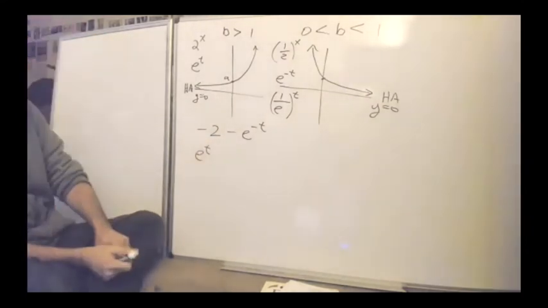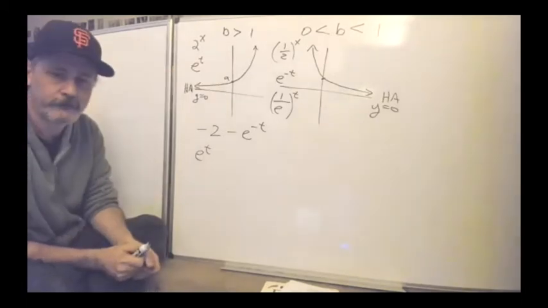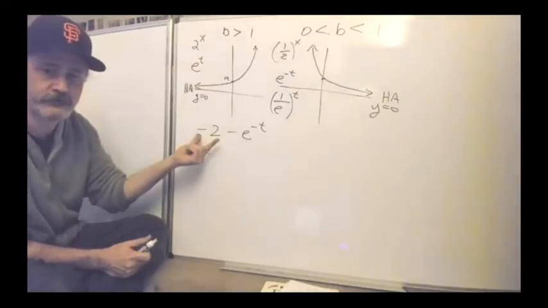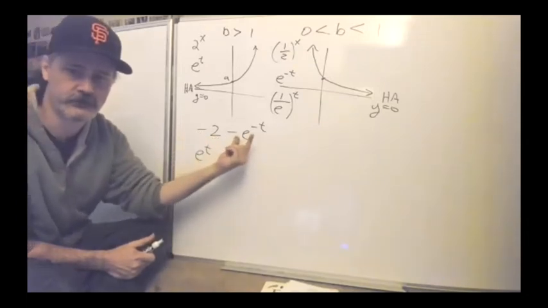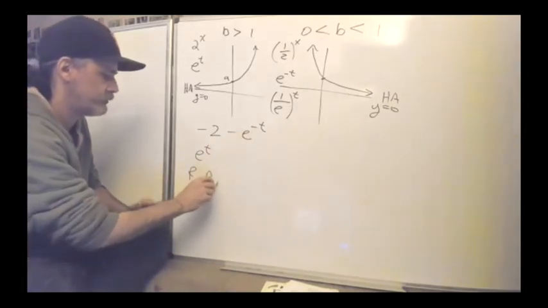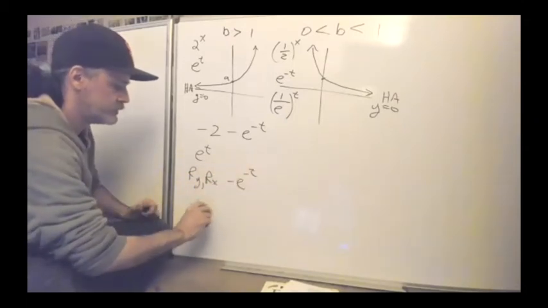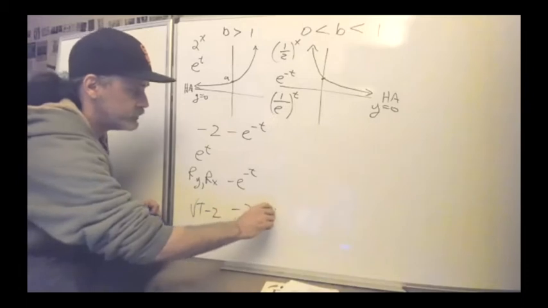That's the parent. So this would have been the original graph. Okay, and it looks like we're dropping down 2, so that's a vertical transformation. I'm going to save that for last, and it looks like we got a reflection across the y and a reflection across the x. So I'm just going to do that at once, right here, and write that. And then we got a vertical translation -2, which would be the end resulting function.